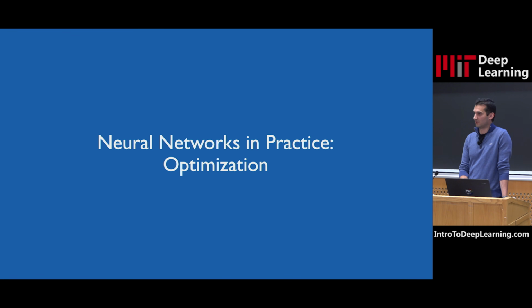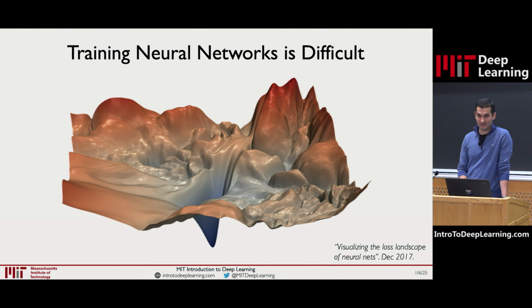I want to also use that as an opportunity to discuss with you some of the practical implications of training neural networks in reality, right? And I showed you this previous picture of a very pretty loss landscape that was very smooth, but in practice, optimizing neural networks is extremely difficult.